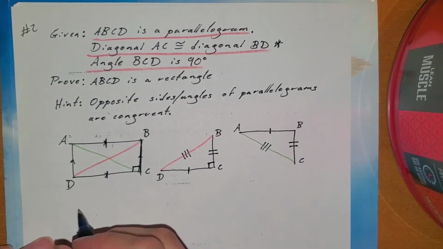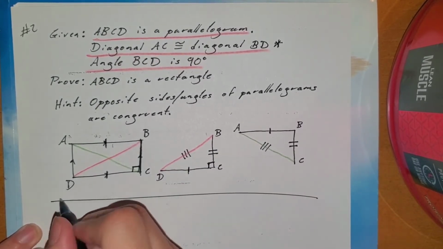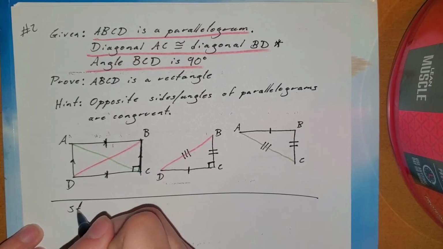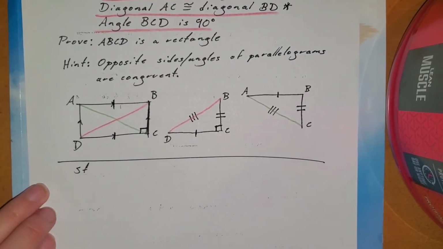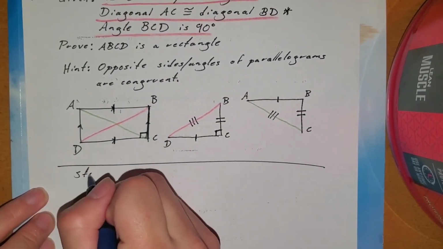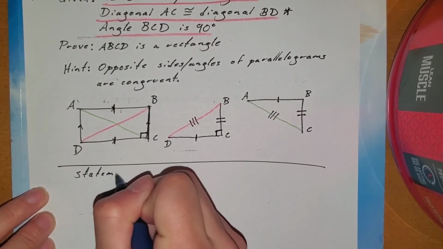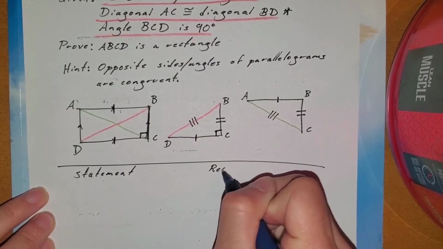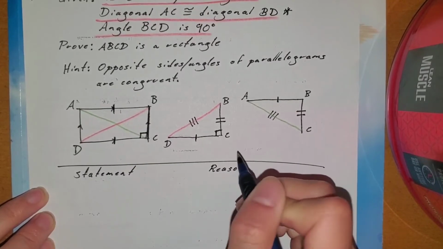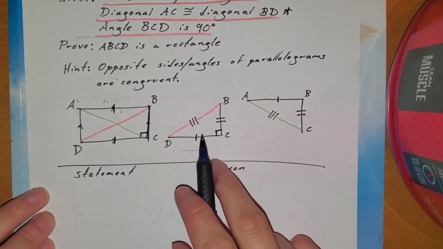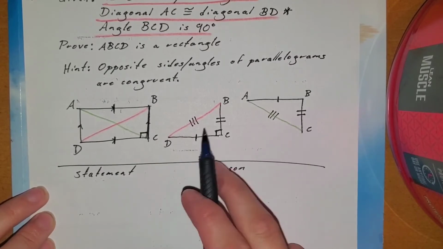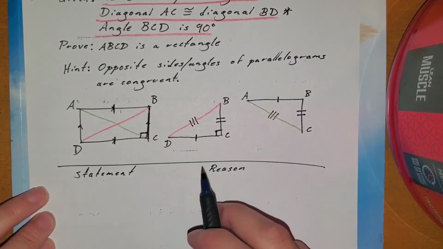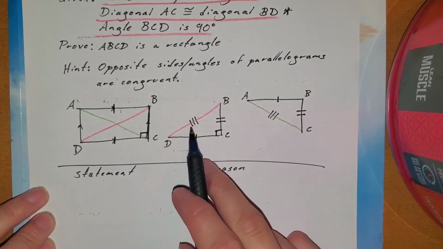Alright, so I can begin doing now my statements and reasons. So I'm going to take the pieces. Notice I want to prove that these two triangles are congruent, and they are by side, side, side.